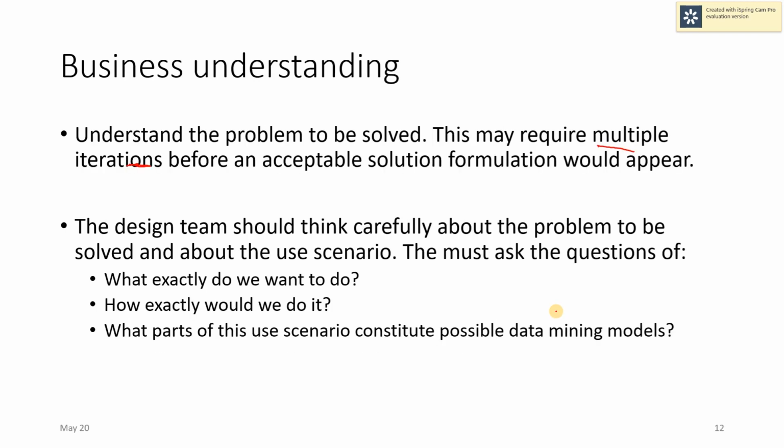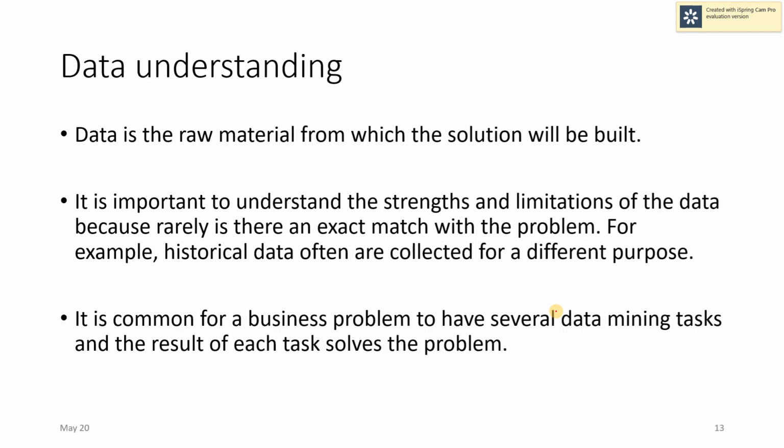The next phase is data understanding. In data understanding, what does data mean? Data is the raw material from which the solution will be built. So you have a database, for example, or all of the raw material. It is important for you to understand the strengths and limitations of your data, because rarely are they an exact match to the problem.